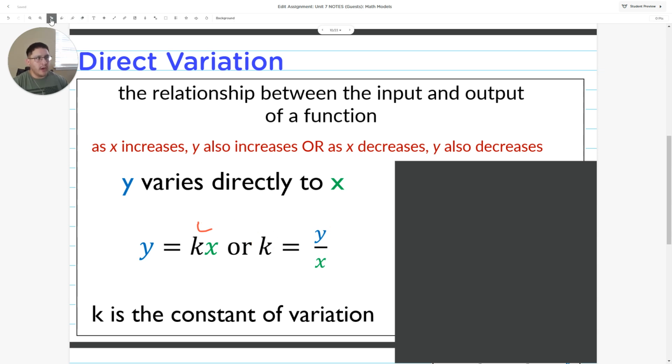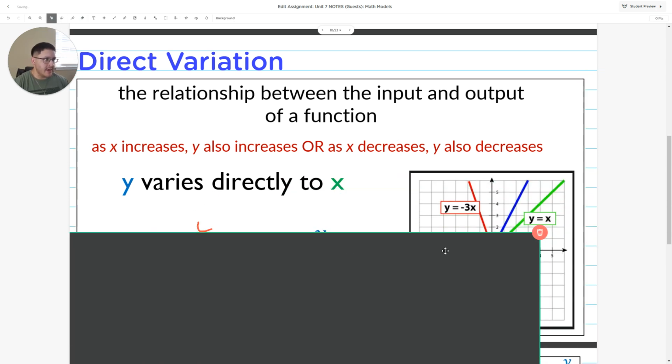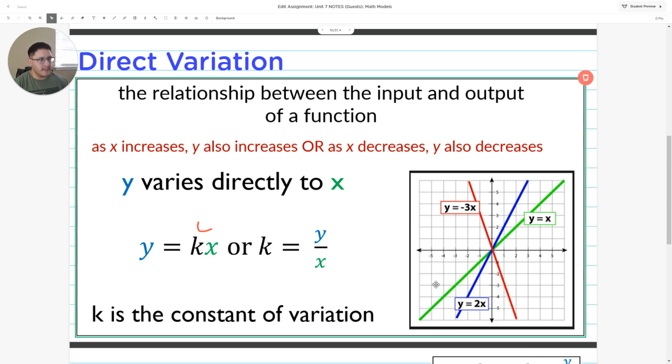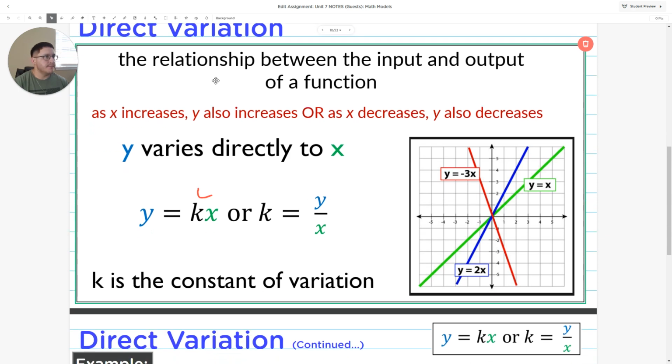Now, what does this look like on a graph? It looks like a linear line. From left to right it could be going either up or down. Some examples are y equals negative 3x for the downward variation, and some positive examples are y equals 2x or y equals x in general. So these are examples of direct variation.